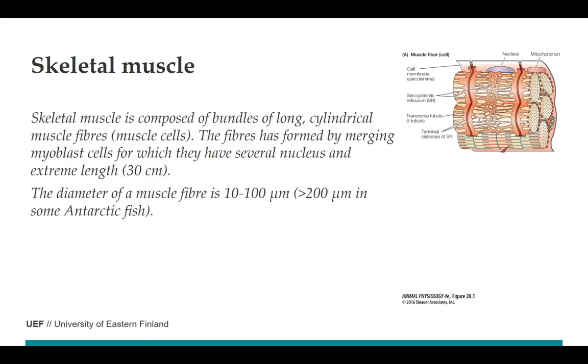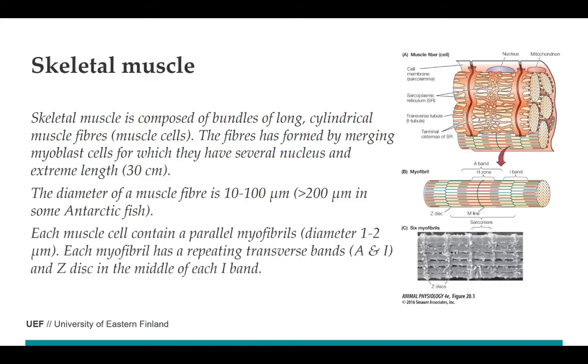And if we look a little bit closer at the structure of these muscle fibers, muscle cells, there are different areas. So they have these myofibrils, the diameter is about 1 or 2 micrometers. And these myofibrils are there side by side, and they have repeated transverse bands, A band and I band, and then there is a Z disc in the middle of each I band.